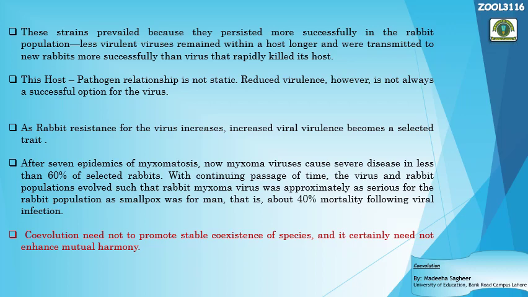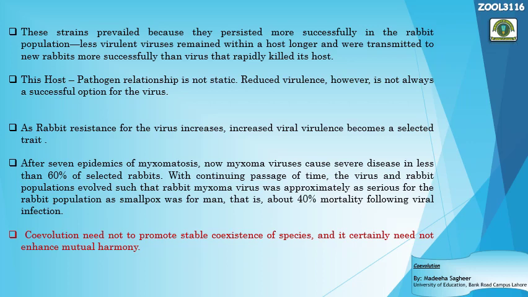As rabbit resistance to the virus increases, what happened? Now there are many different steps of coevolution. First, attack of the virus. Let's have a little recapitulation of this story, right? First, the viruses attacked, just to eradicate the rabbit population.